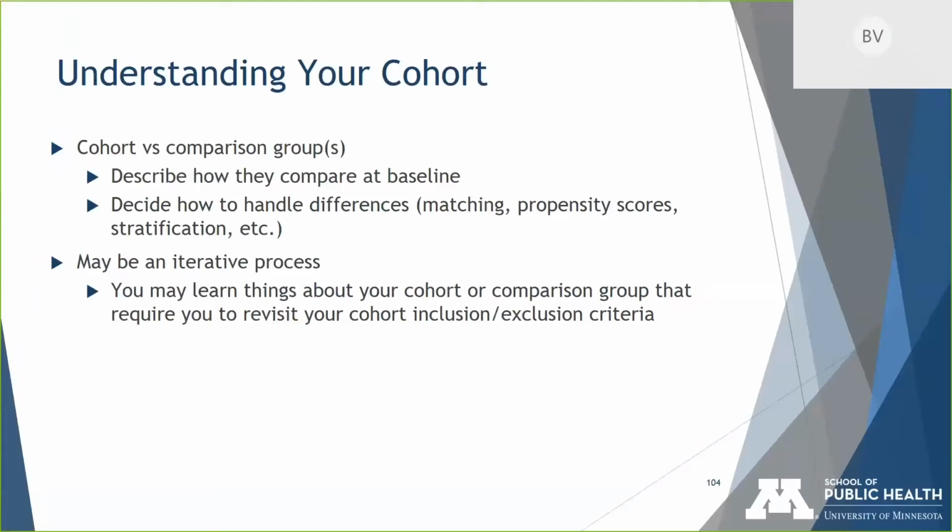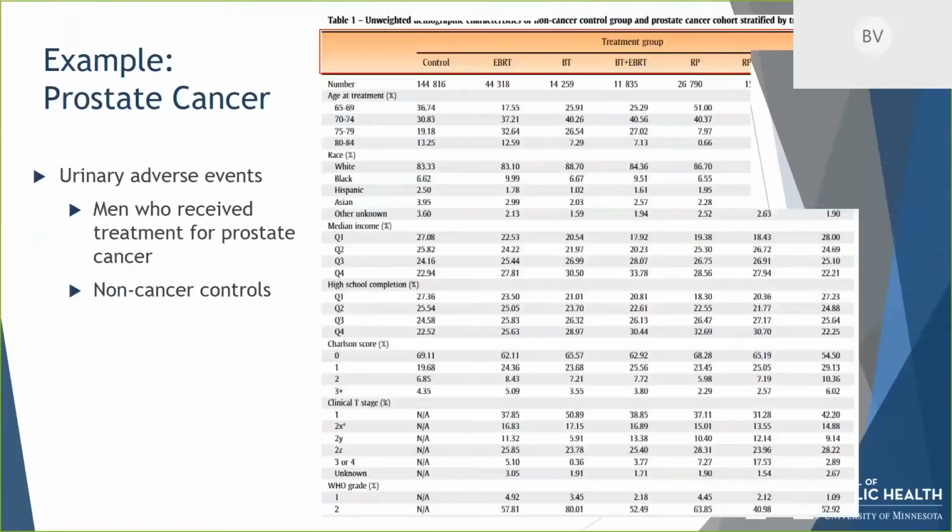Once you've got your baseline characteristics, you may find out things about your cohort where you're like, oh, actually, I didn't know there were going to be so many 85-plus-year-olds, and now that I think about it, the treatment that I'm looking at isn't relevant to them. Maybe I'll go back and remove them from my cohort of interest. So it's something that you may need to revisit and then go back and do your baseline measures again.